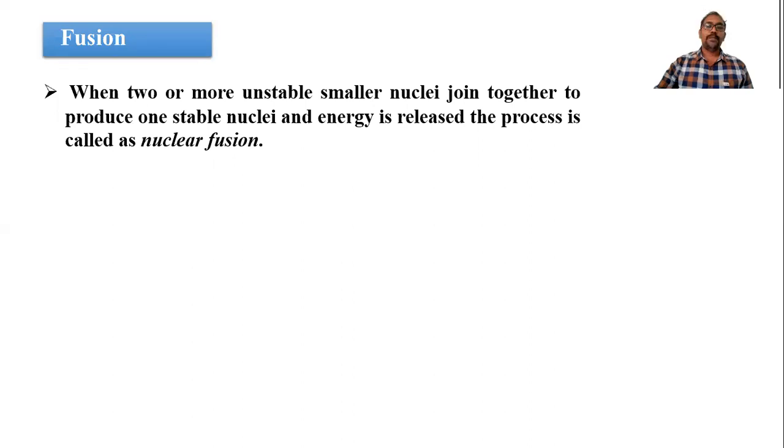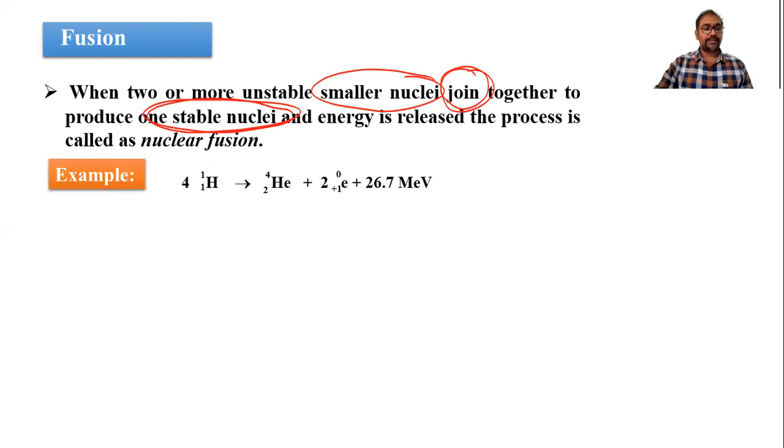Remember, in fission a heavier nucleus splits into two lighter ones, but here two or more smaller nuclei join to form one stable nucleus. Again, this process is to get stability. Now let's see a reaction: when hydrogen combines to form helium, energy is released.